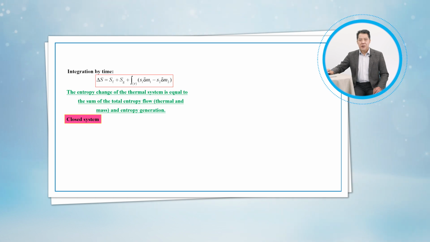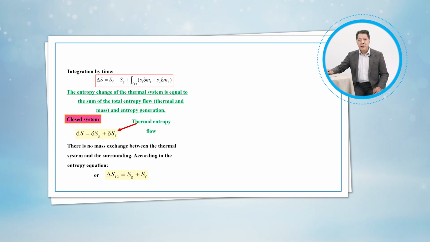For a closed system, there is no mass exchange between the thermal system and the surroundings. The entropy equation becomes: for a closed adiabatic system, there are no mass and no heat exchanges between the thermal system and the surroundings.